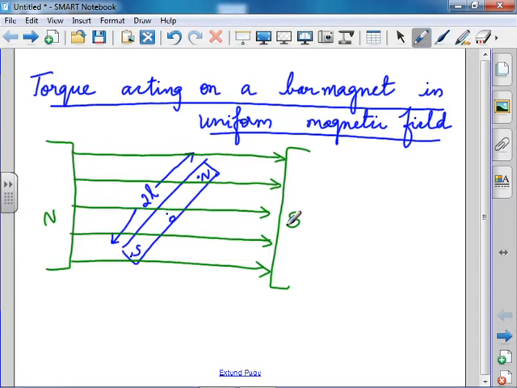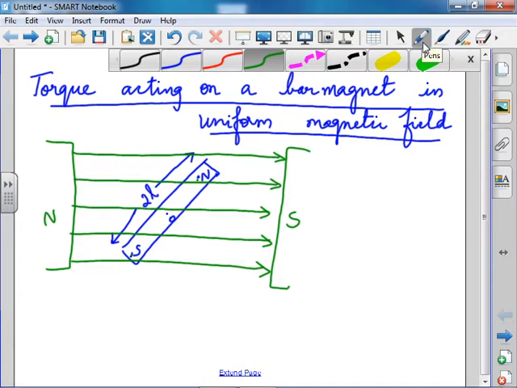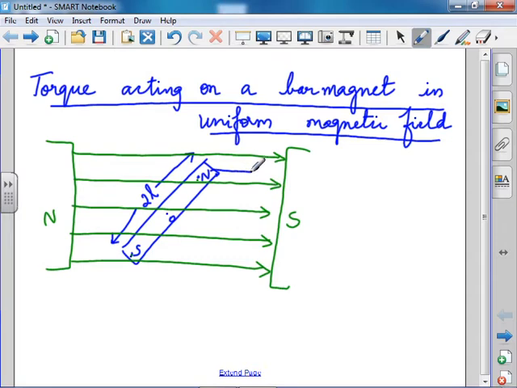So what will happen? Each pole experiences a force when it is kept in the magnetic field. So how does it experience the force? Here the north pole experiences a force along the direction of the field because it is attracted towards the south pole. Its magnitude is given by QMB.